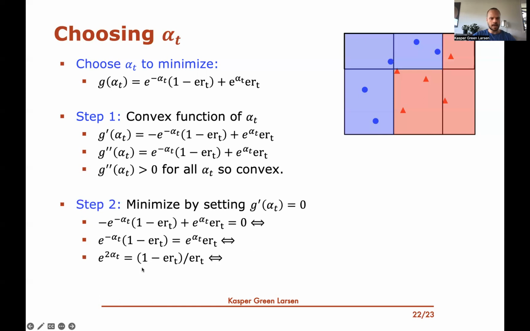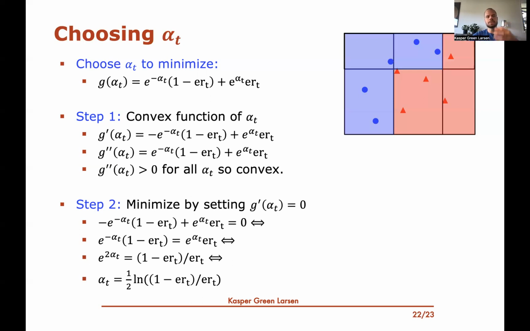Now we multiply with e to the alpha t on both sides and divide by error t on both sides, and we get e to the 2 alpha t equal to 1 minus the error t over the error t. Finally, we take the natural logarithm and move the 2 to the other side, and we get that we should set alpha t to be a half log of 1 minus the error t over the error t. And this is precisely what we had in AdaBoost.